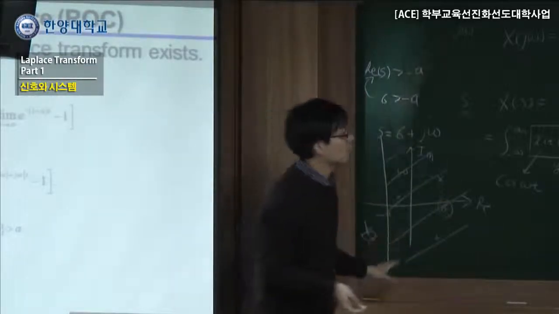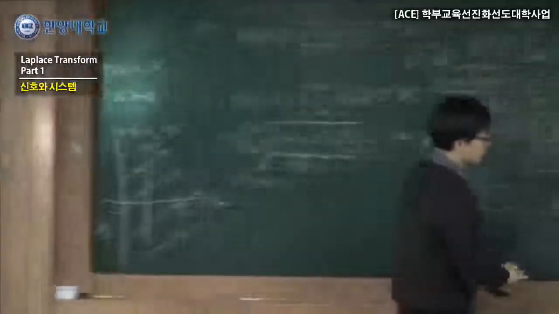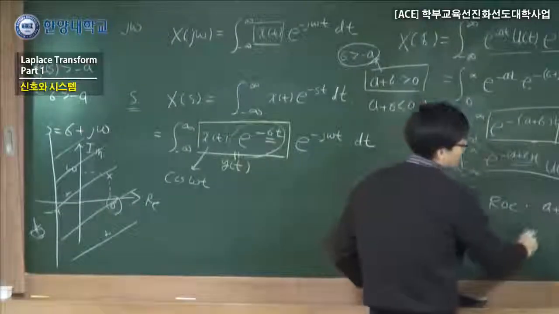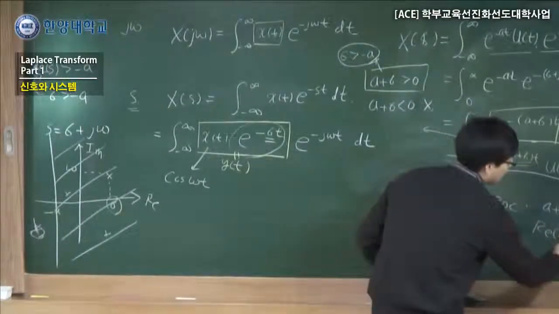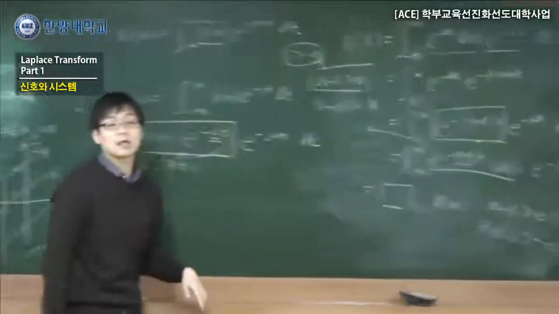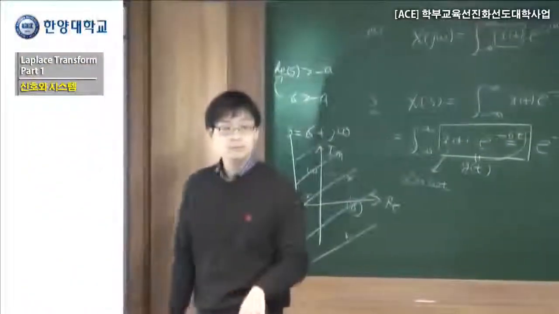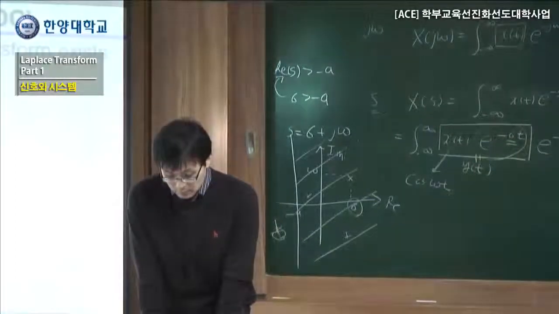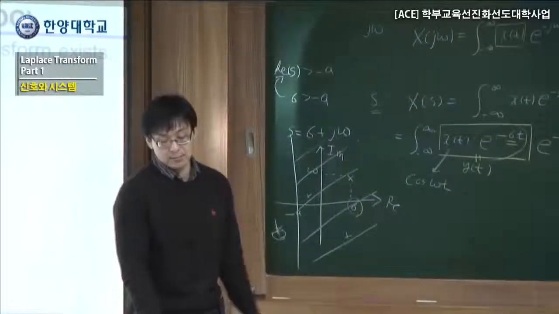Graphically like this, we just say the region of convergence is the real part of S larger than minus A. That's what we have seen so far.